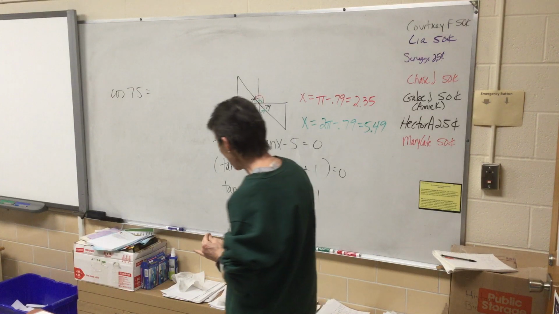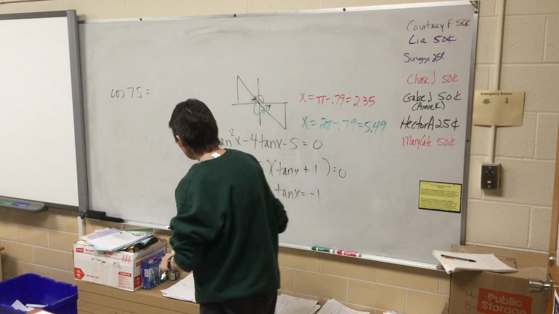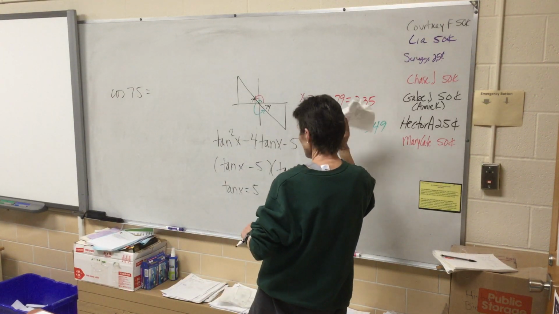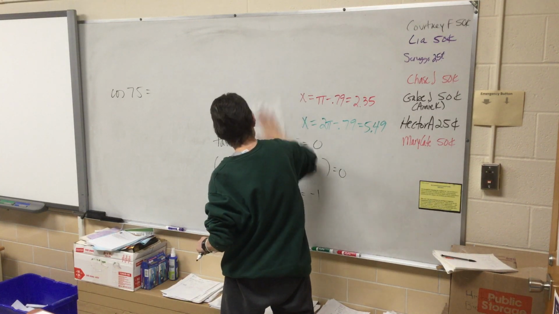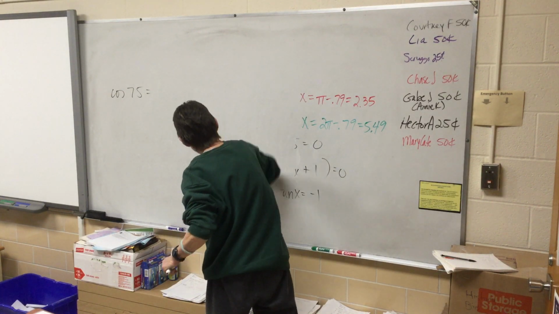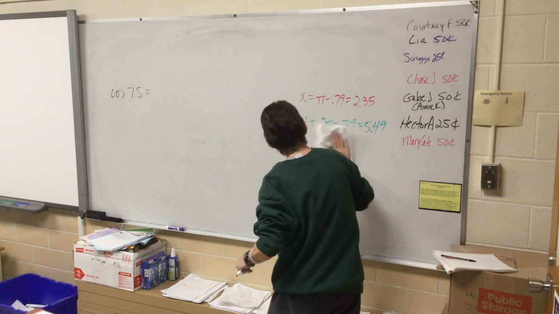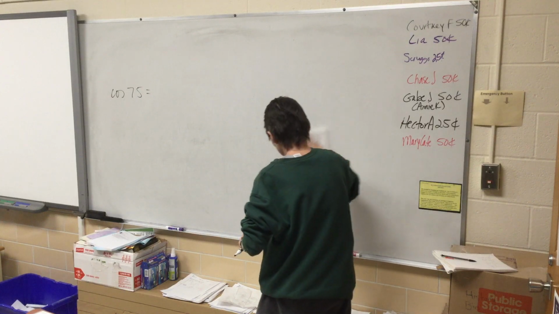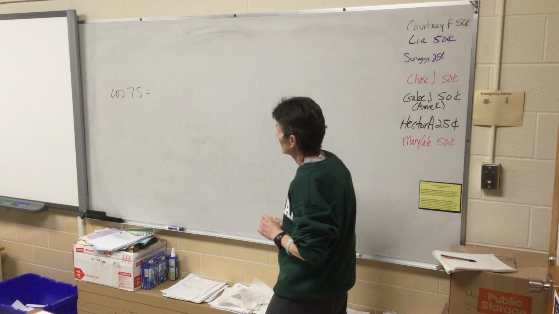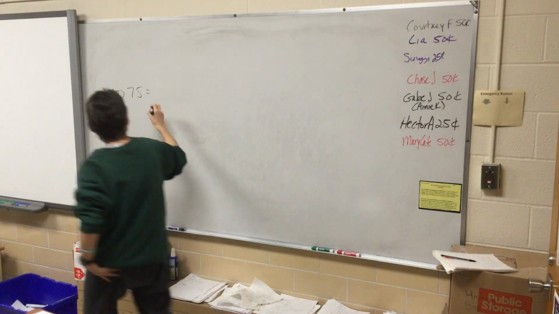Notice it says exact. So if you just press cosine 75 on your calculator, you get no points. How do we find the exact value? What are we going to have to do with our 75? You're going to have to take 45 plus 30, yep.